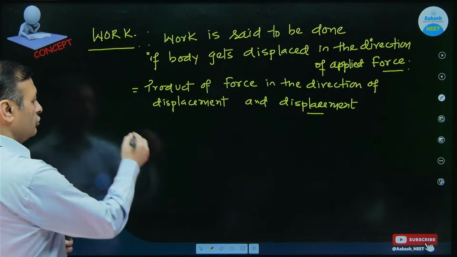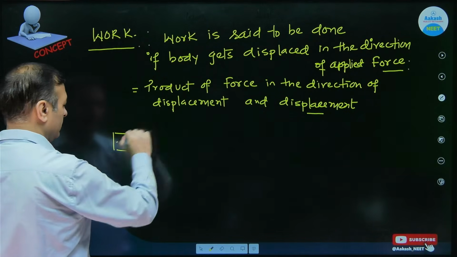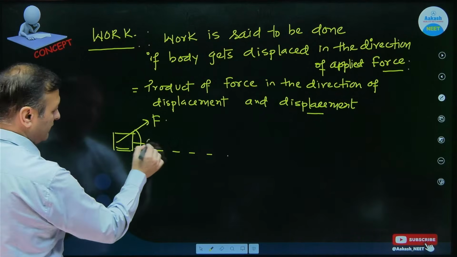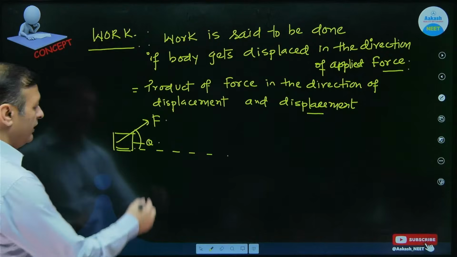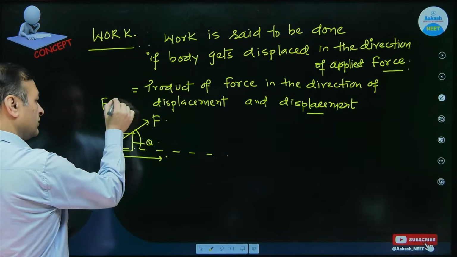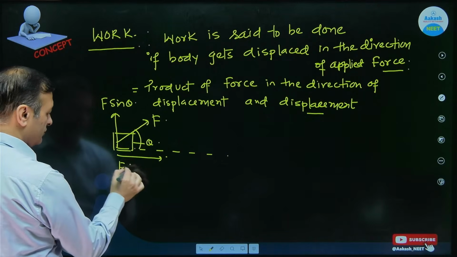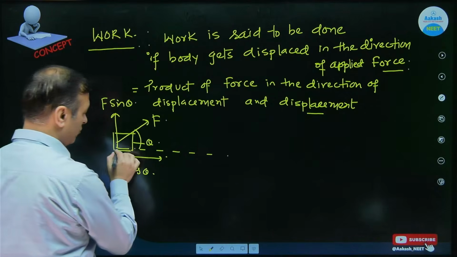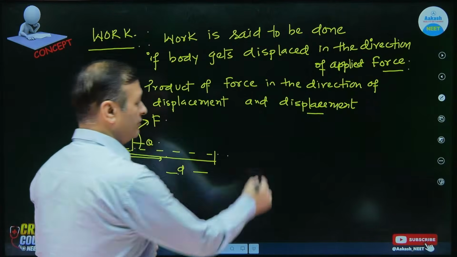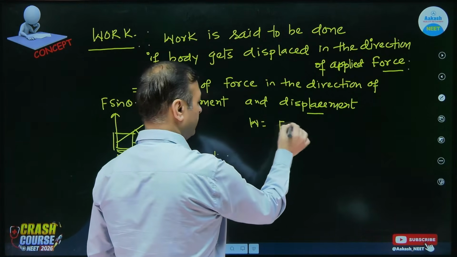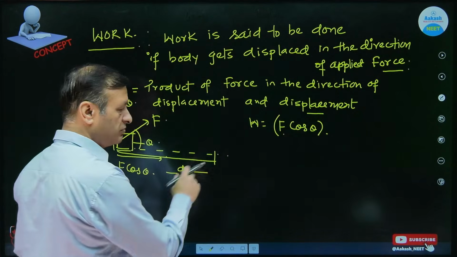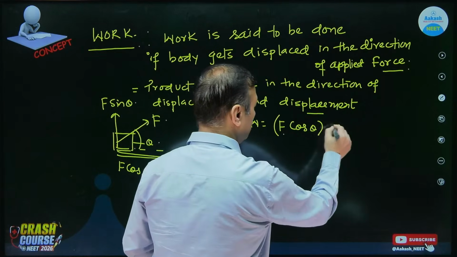Got it? So let's suppose you have a body and you apply force at an angle theta with respect to the horizontal, and if you split this force into two components, so this is F cos theta, and because of this the body gets displaced by value d, then work done is the product of force along the direction of the displacement into displacement.